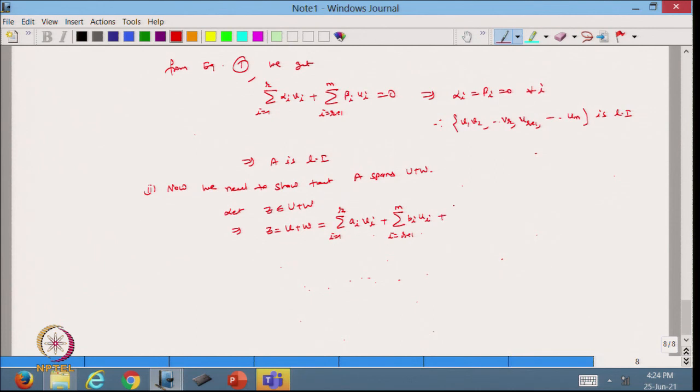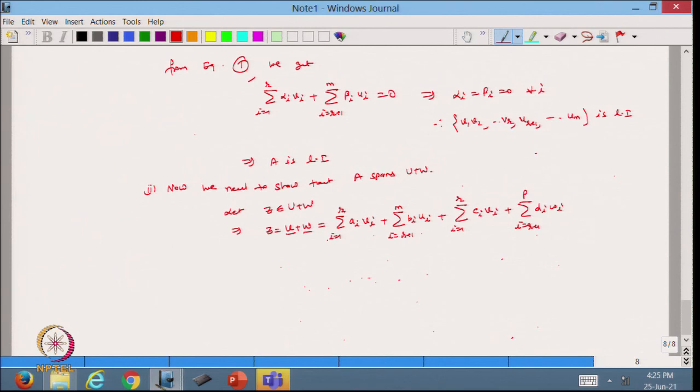Plus similarly I can write w as summation i from 1 to r, c_i v_i, plus summation i from r plus 1 to p, some d_i and w_i, because this element w belongs to W and this u belongs to U.